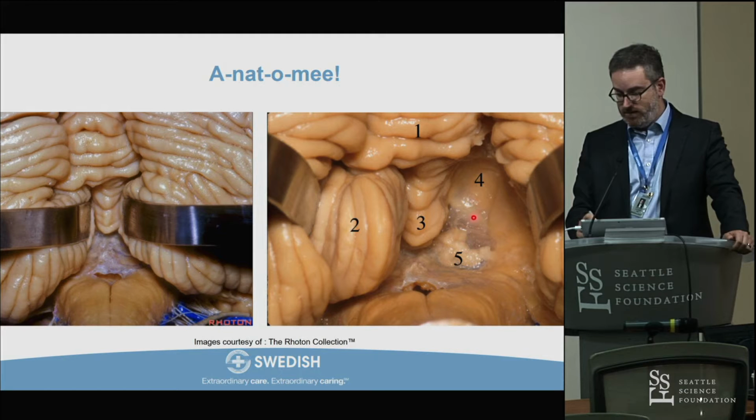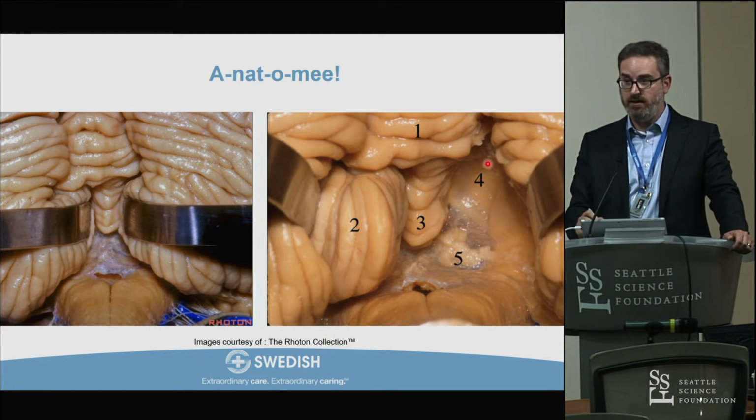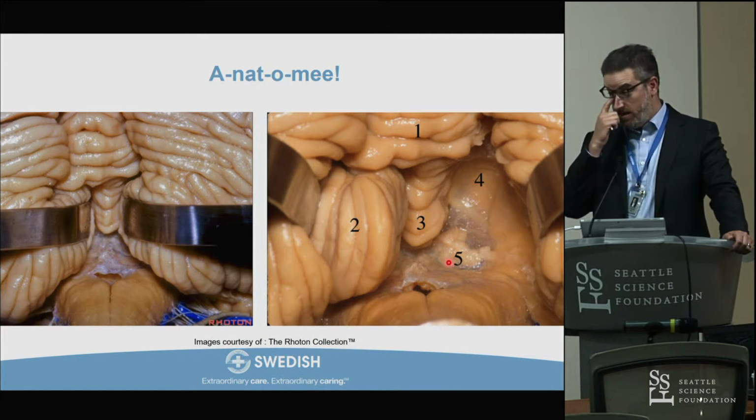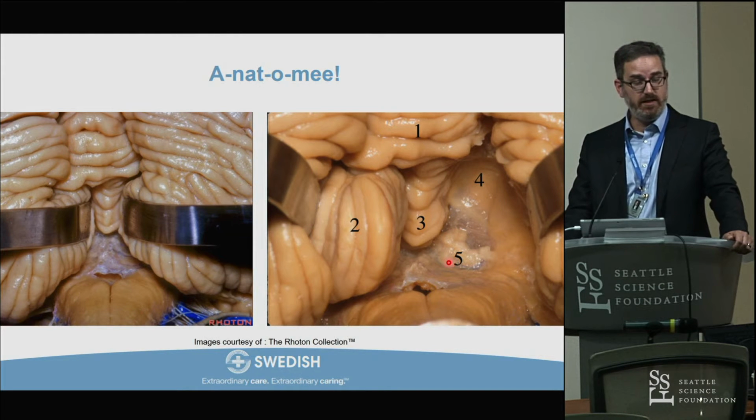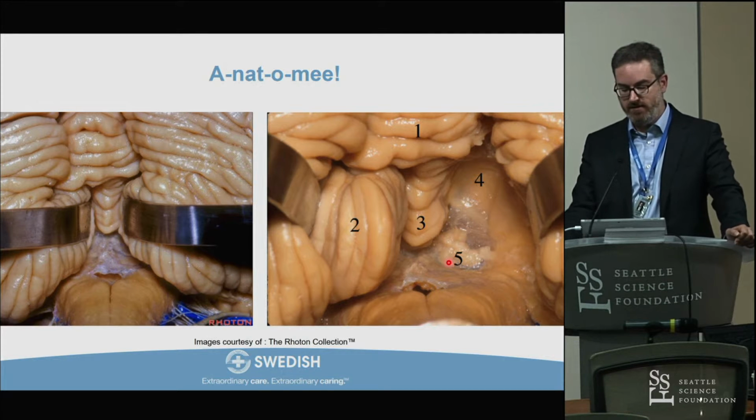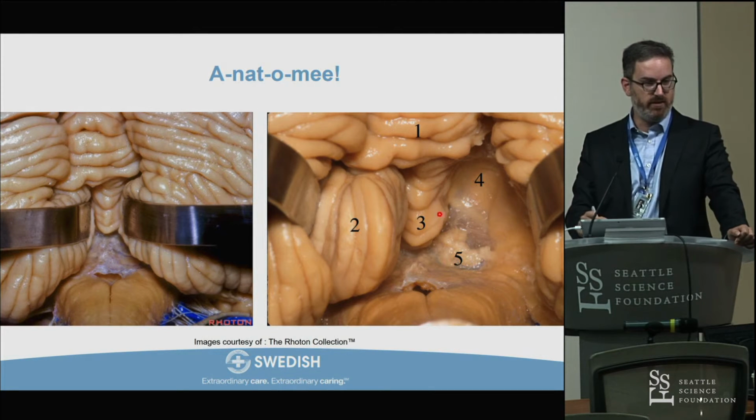Not quite. So 4 is the inferior medullary velum, and 5 is, anybody? The tela choroidea of the fourth ventricle. And that's where this approach gets its name, telovelar. Trans-tela choroidal, trans-inferior medullary velum.